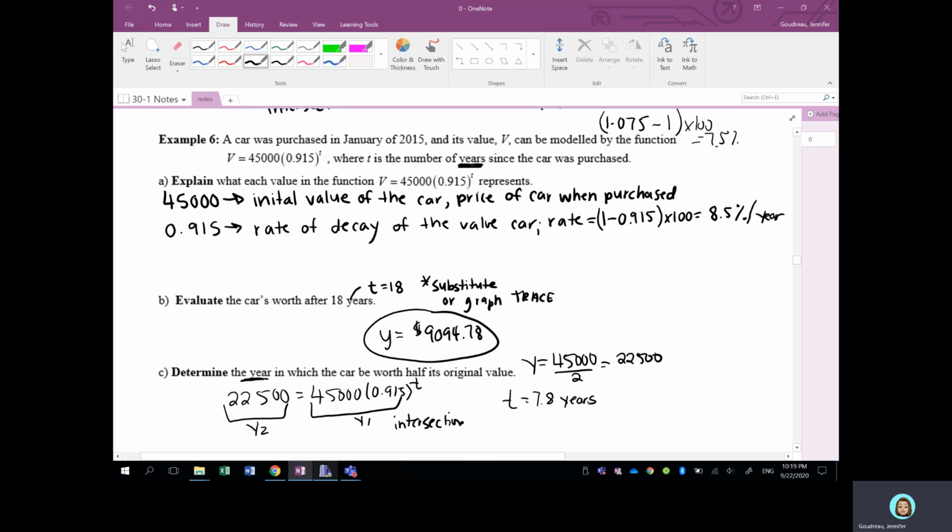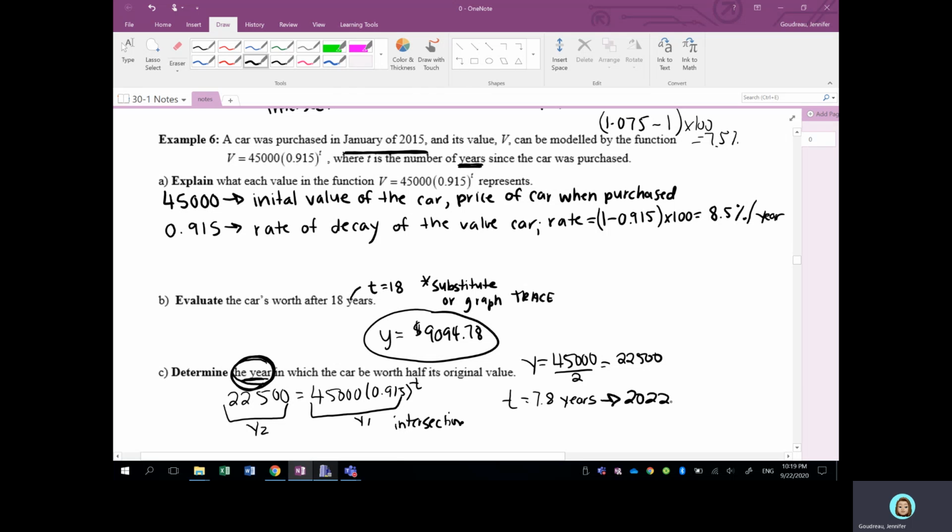Let's be careful though, and let's look at the question. It says determine the year in which the car would be worth half. Because we start in January of 2015 and we go for not quite 8 years, we're not going to round this. This would be in 2022.